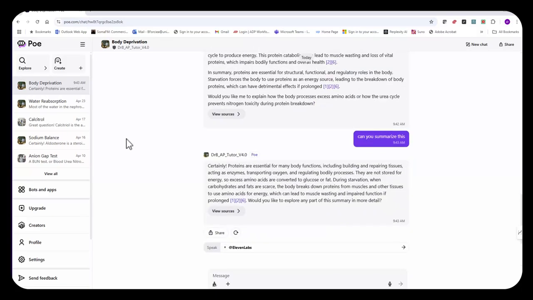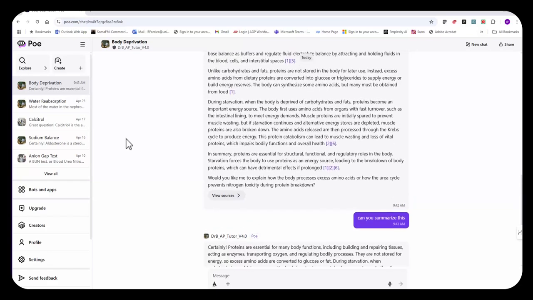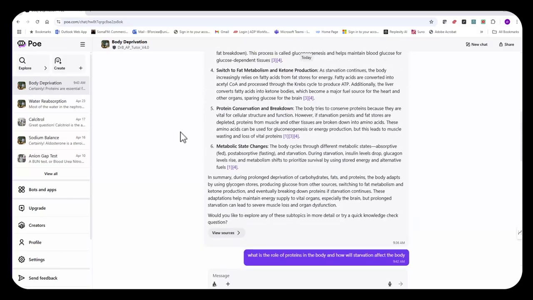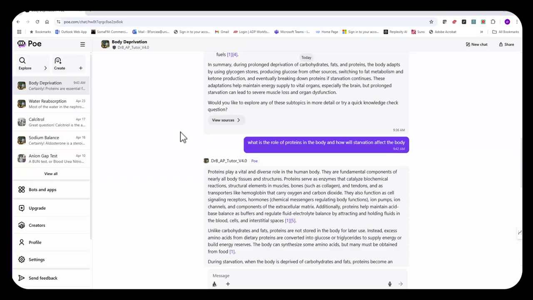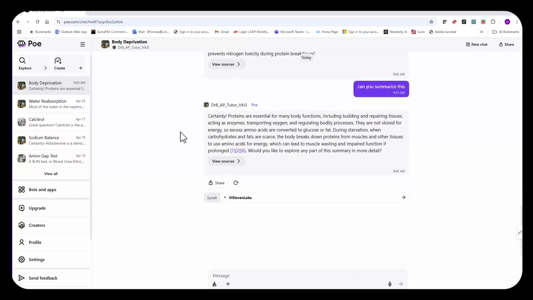Now I do have students do this in other courses, and it really helps me see how the bot's working. And since it's a custom chatbot, in some cases, it's very rare, but in some cases it tends to go off. Now, I haven't seen this with this bot. Some of the older bots used to go off topic a little bit or start hallucinating references, but this one seems to be working really well.